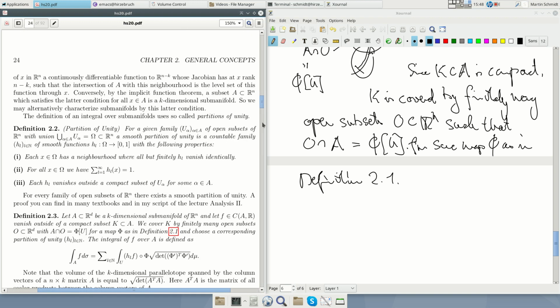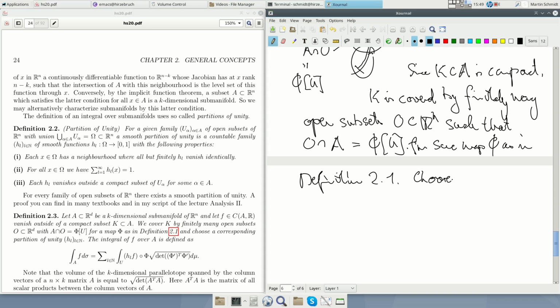Okay, so now we choose a corresponding partition of unity.